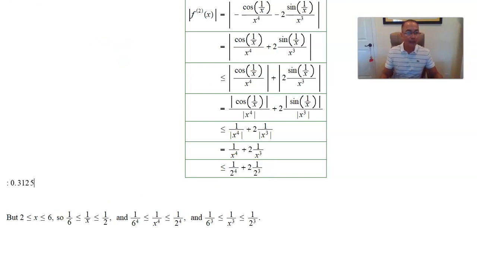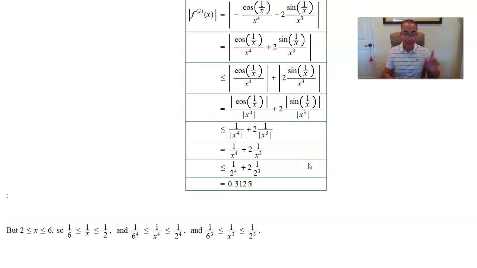What is that equal to? That is 0.3125. It's exactly 0.3125, not even an approximation. The second derivative in absolute value is at most 0.3125. And that's good because our k is going to appear in the error formula in the numerator. So the smaller the value of k, the smaller the error that we're going to get.